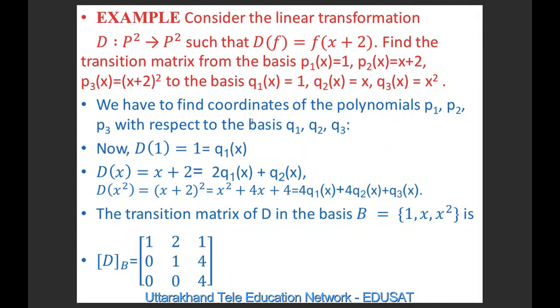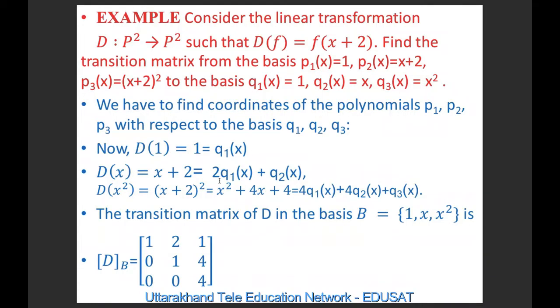So first we will find the coordinates of the polynomials p1, p2, p3 with respect to the basis q1, q2, q3. So p1(x) here is 1, which means it is equal to q1(x). p2(x) is x plus 2, where q1(x) is 1 and q2(x) is x.